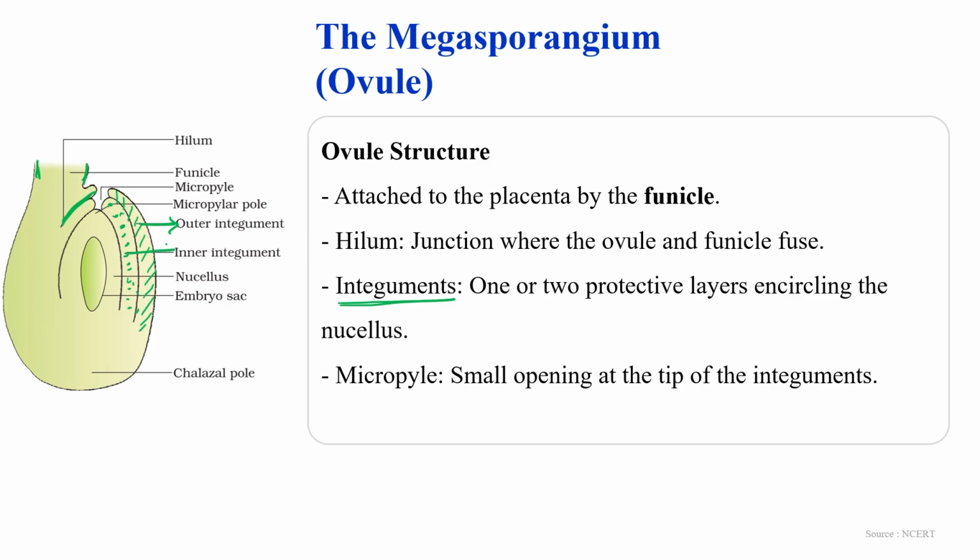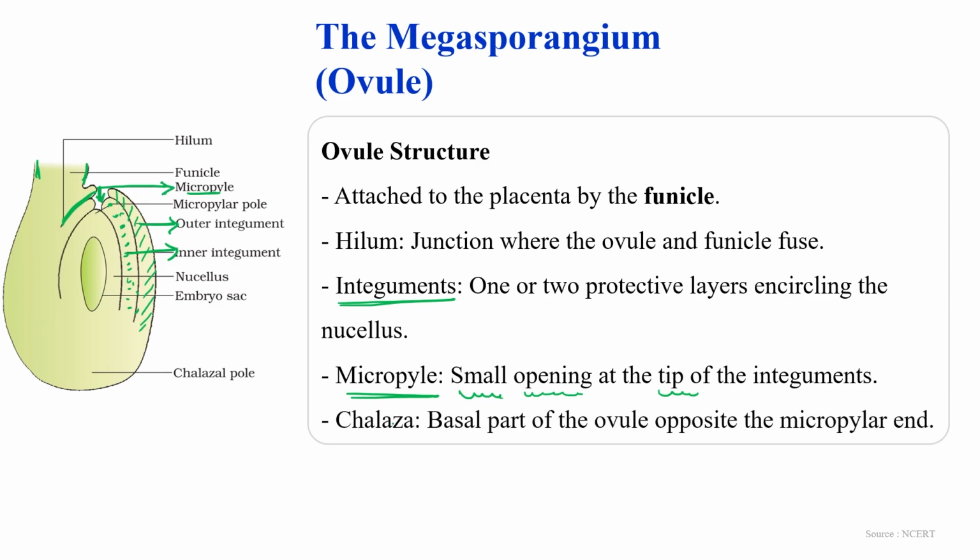And then the micropyle, which is a small opening present at the tip of the integuments. So these are the two integument layers, and this small opening is known as the micropyle.